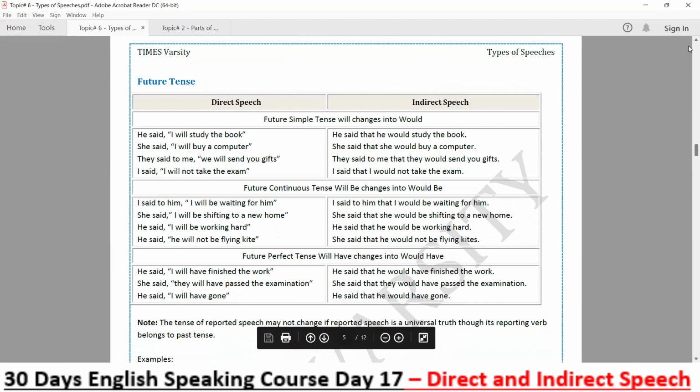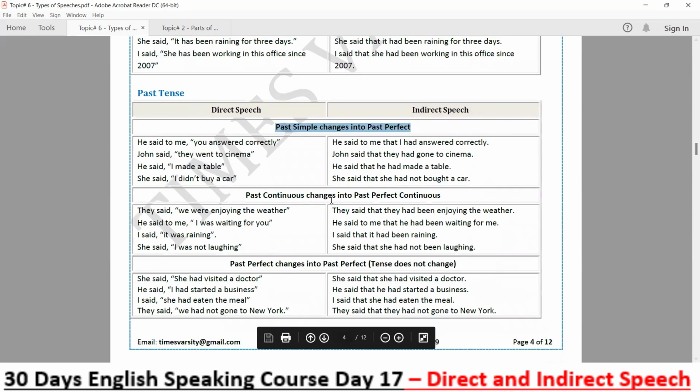Now look at past continuous changes to past perfect continuous. They said, we were enjoying the weather. So you can see here, it is past continuous. And if we make indirect speech of past continuous, then it should be, they said that they had been enjoying the weather.